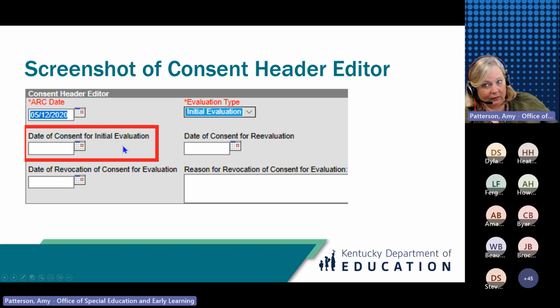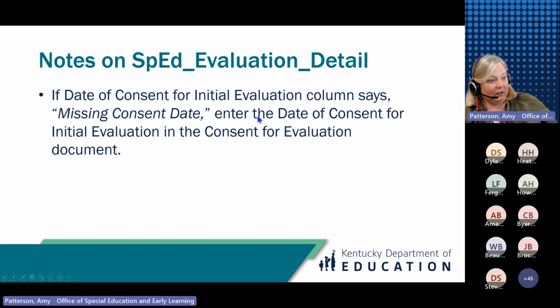If it's missing, you're not going to see that in the printed document, because this field does not show up in the printed document. So you're going to have to unlock the document and go in and put this date in. Often it's the same as the ARC date, but not always. So that's what you need to do if it says missing consent date.